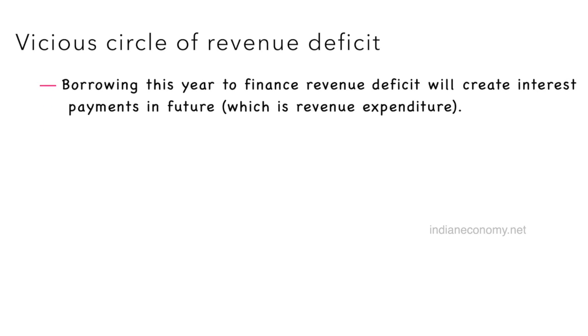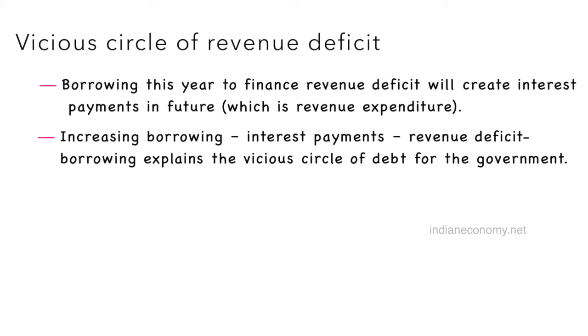Suppose there is a revenue deficit this year. That means the government has to borrow to fill that revenue deficit, and that borrowing will result in interest payment. Remember, interest payment is a part of revenue expenditure. It is the largest component of revenue expenditure now. Increasing borrowing and increasing interest payment expenditure will again produce revenue deficit in the next year, or widen the revenue deficit.